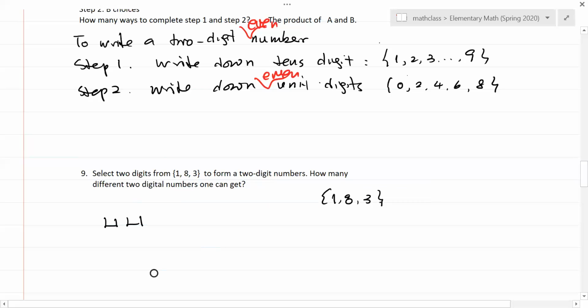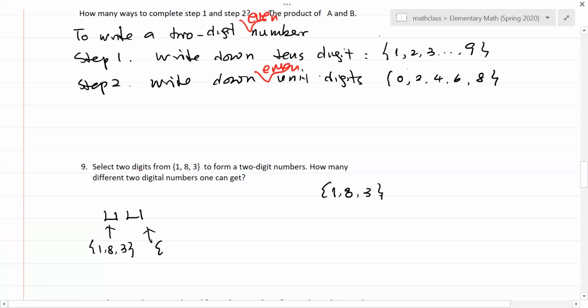It's different from the problems before. First of all, how many choices for the tens digit? 1, 8, 3, do you agree? How many choices for the tens digit? That's the first step.